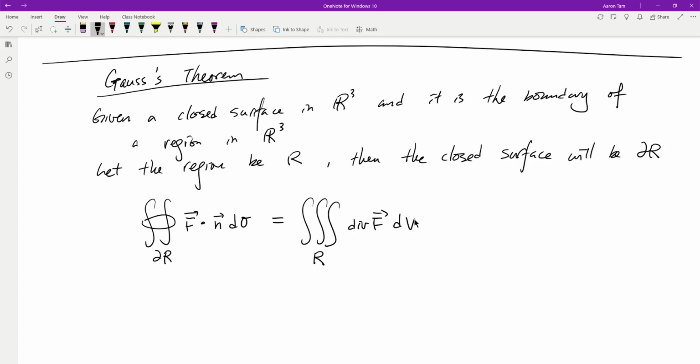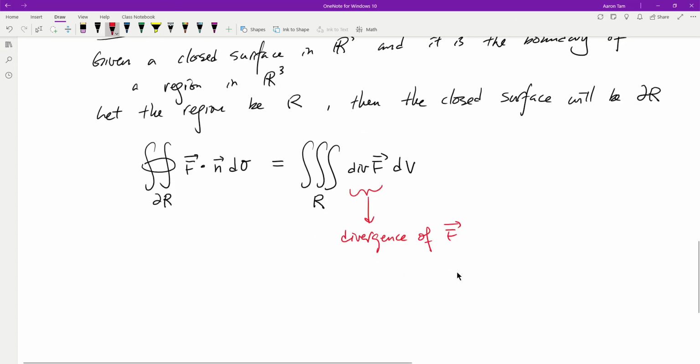So what is the divergence? You probably remember learning it back in chapter 8. This is basically called the divergence of vector F. So what is the divergence of vector F? Well, let's talk about it. Let's say F is equal to F1, F2, F3. Remember, we're only dealing with R3.